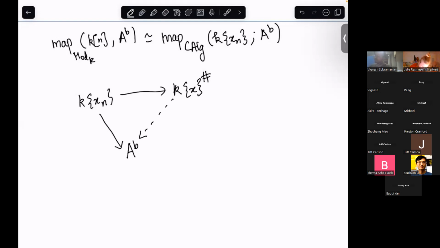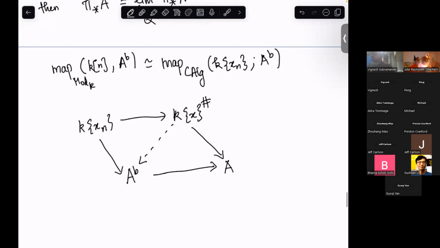Giving a map into A tilde is the same thing as a map through the perfection, but giving a map like this is also the same thing as giving a map in here. So we reduce this problem to calculating maps in commutative algebra out of the co-limit perfection of A.